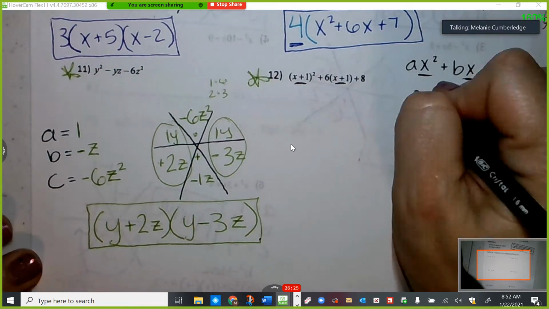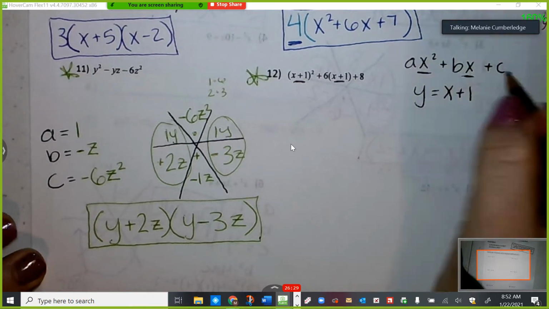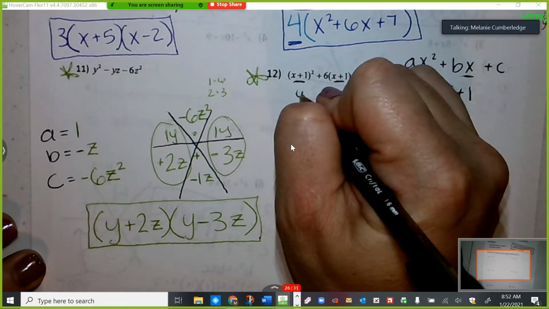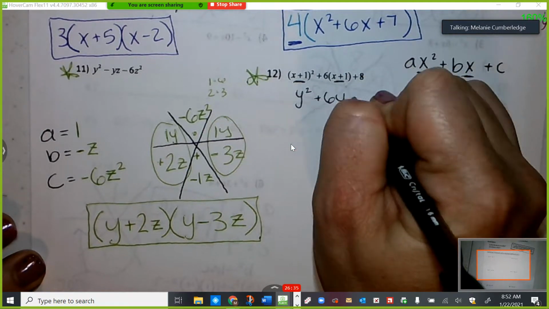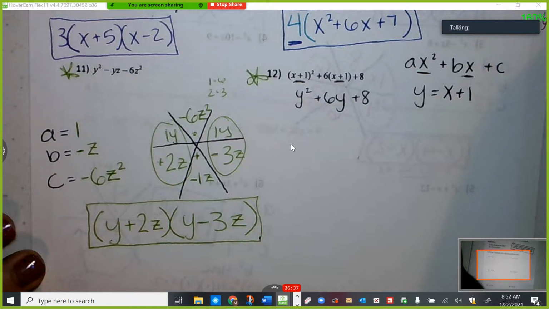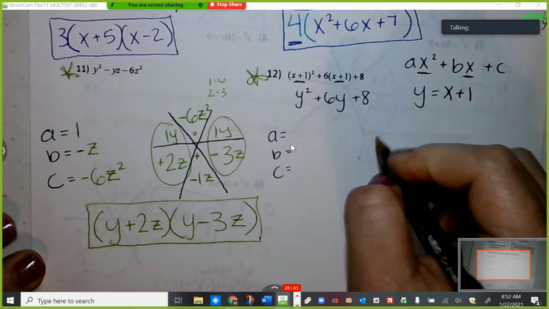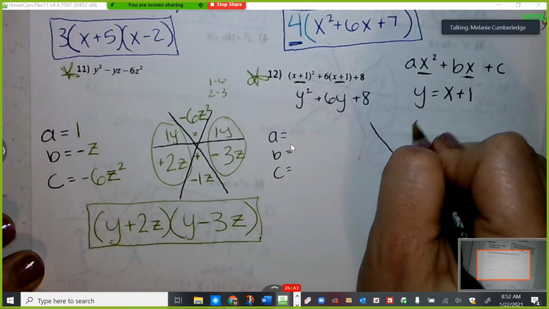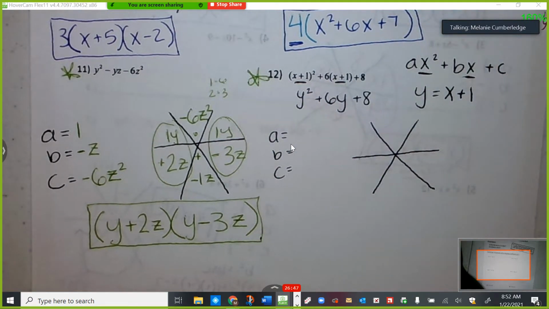So I'm going to say y equals x plus 1, and I'm going to plug in y in place of x plus 1. So this gives me y squared plus 6y plus 8. I'm just doing this to make it look prettier. Because x plus 1 everywhere does not look pretty.